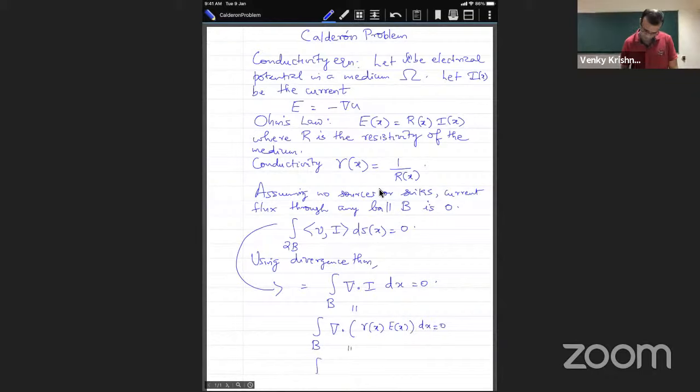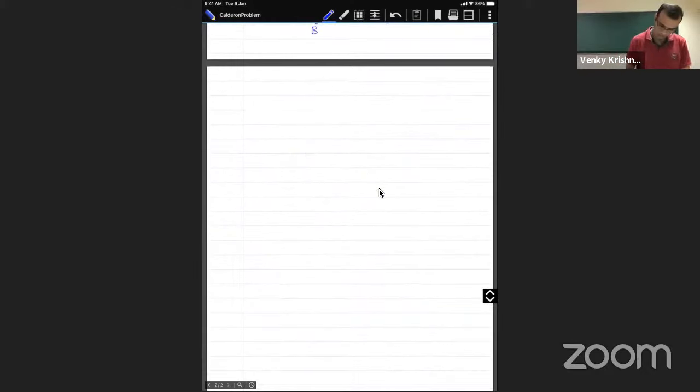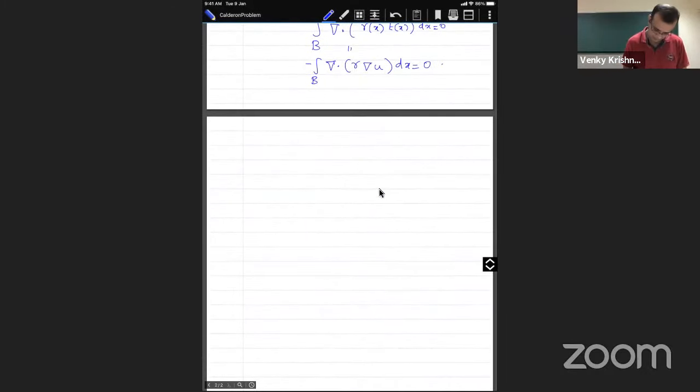You can put it with a minus sign if you want. But this is true for all such balls. So this implies what is called the conductivity equation.